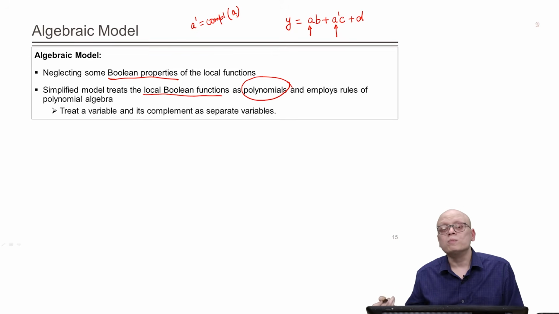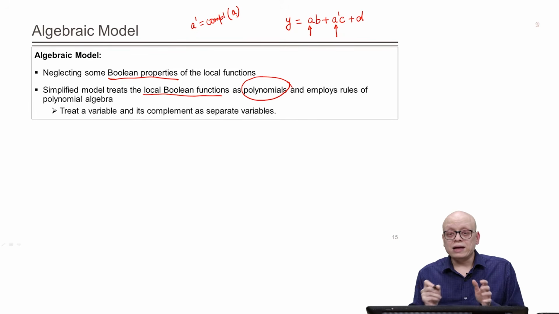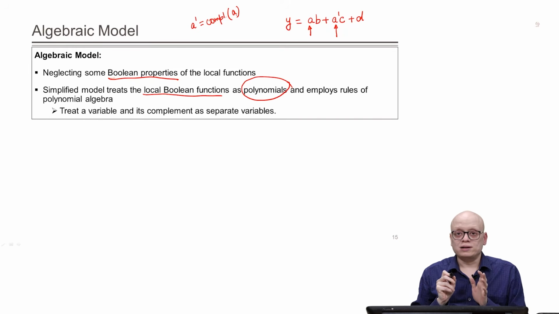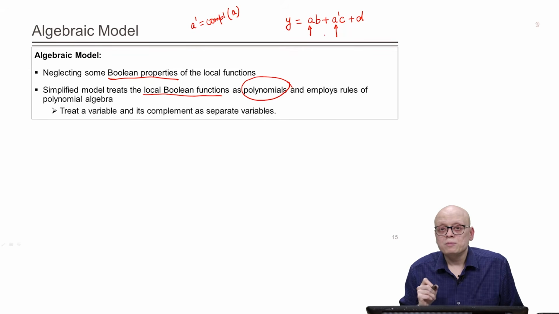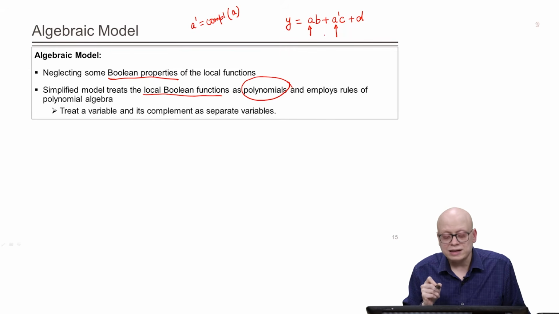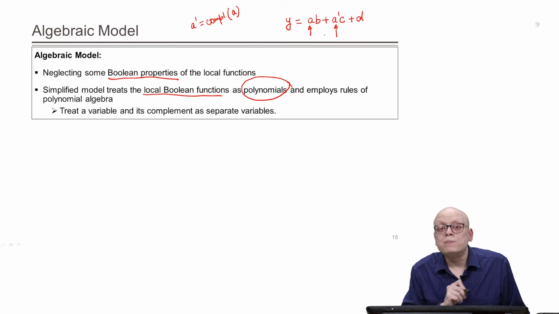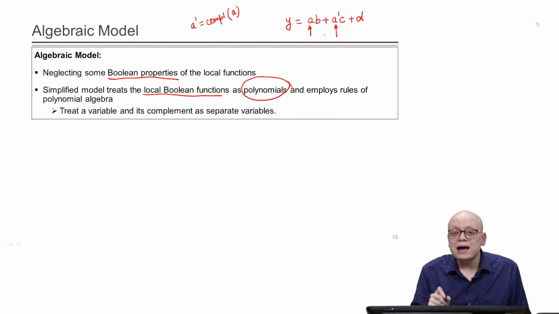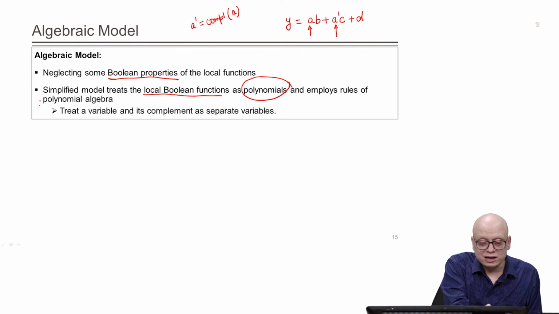So a dash and a are related in the Boolean model, but in the algebraic model we treat each variable and its complement as separate variables, and we apply the rules of polynomial algebra.